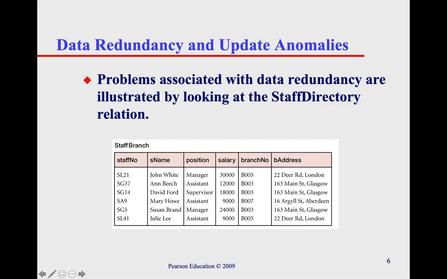You'll notice there's no other tuple in this relation that contains information about branch B7. So if I delete Mary Howe, I end up deleting any information that I have about branch B7. That's called a delete anomaly because I end up losing information when I do a delete.